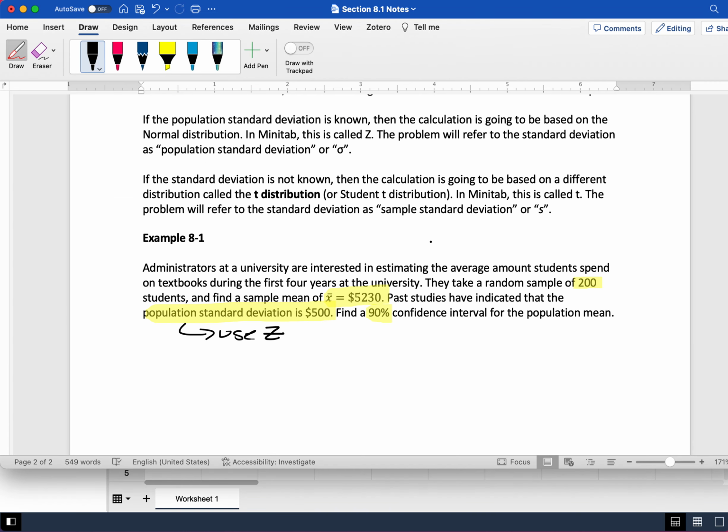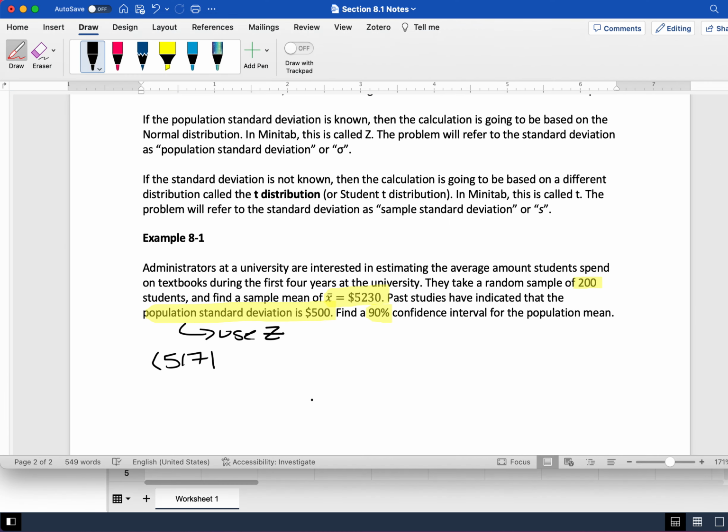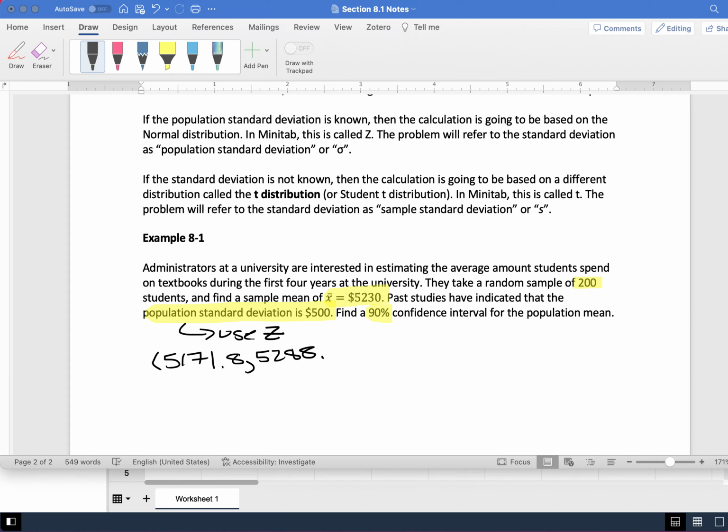So I will write that. Generally in MyLab, they will put the parentheses here for you, and you will just be typing the numbers in. So 5,171.8 and 5,288.2.